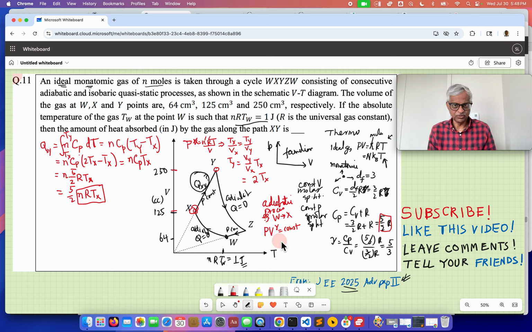Of course, you can write P as nRT over V. So if you write this down, nRT V to the power gamma over V equals constant. So you can get rid of this, and you can get rid of this. So TV to the power gamma minus 1 is also constant.